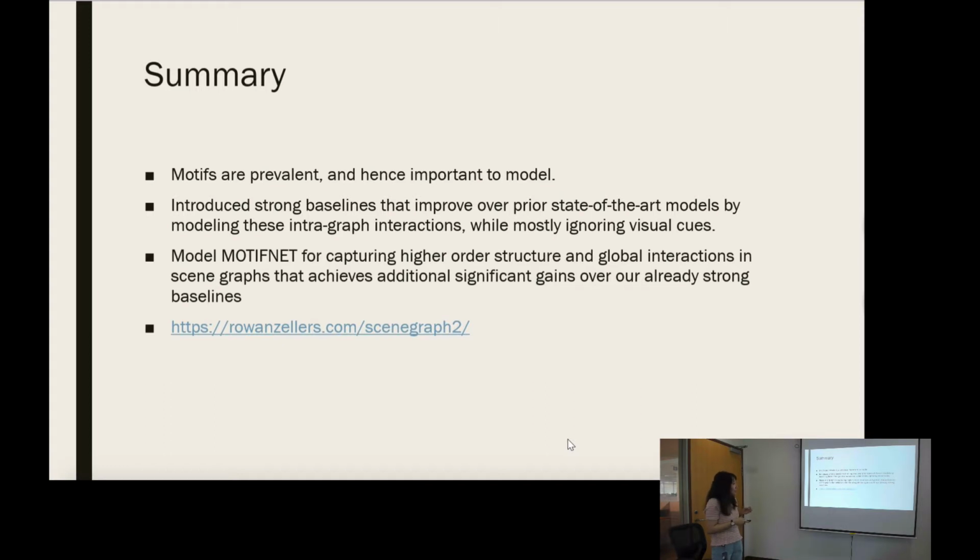And the last one is we give a new model, Motif net, to capture the high-order structure. That means the global context in the scene graph. And it also improves on the baseline.